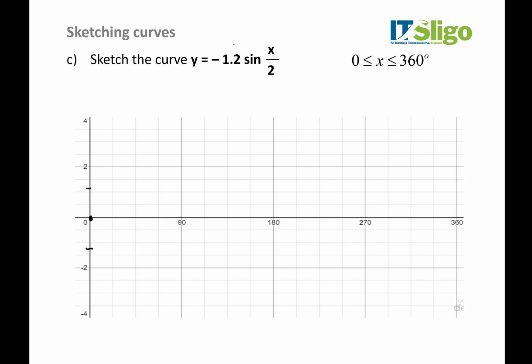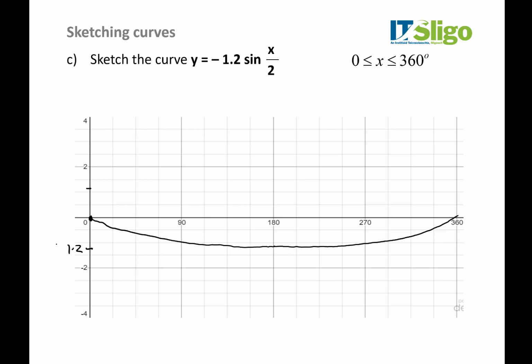When I draw this, it looks nothing similar, but I'm just going to go down here. There's my lowest point. It's only half a sine wave. My amplitude goes down to 1.2. So that's sketching the curves.